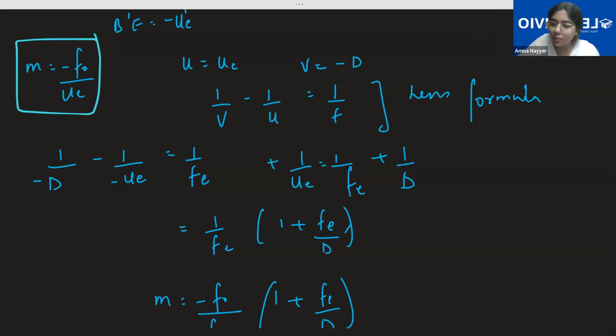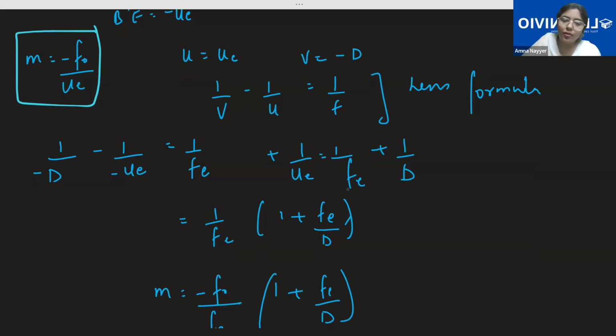Object distance, sorry, image distance is minus d, the least distance of distinct vision. We put it in the lens formula: 1/v minus 1/u is 1/f. So 1/(-d) minus 1/(-uₑ) is equal to 1/fₑ. So when this goes on the other side, this is positive: 1/uₑ is equal to 1/fₑ plus 1/d.